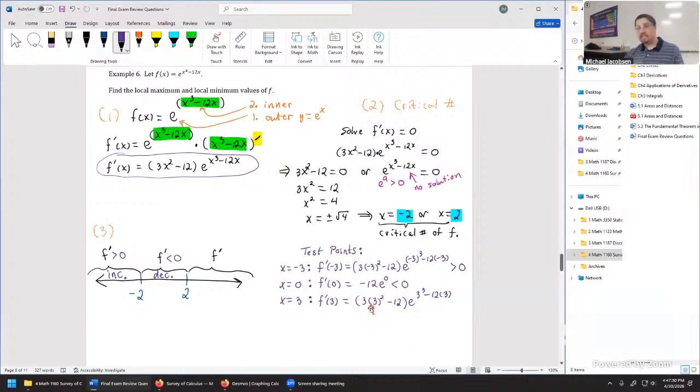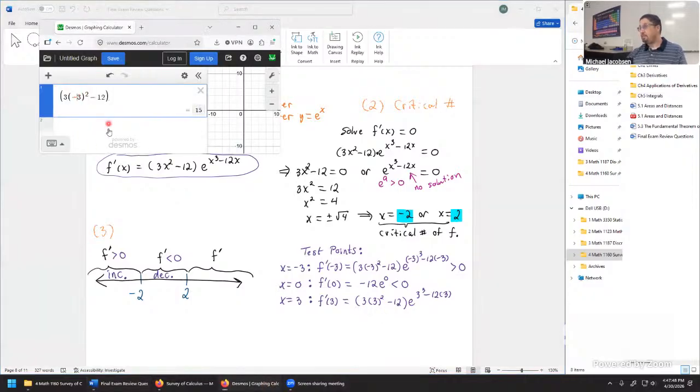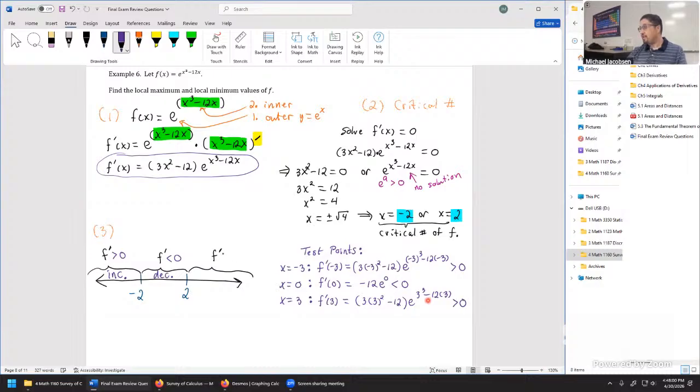But if you look at that really close, there's no difference between line 3 and line 1 because -3 squared is equal to 3 squared. This is 9, that's 9 times 3 minus 12. Same exact values. You don't even need to put this in your calculator. But you know if you did, it would look like this. Same value, still positive. This value is absolutely positive as well. It didn't matter what numbers went in. So we have greater than 0 here, greater than 0, which means increasing on this region.